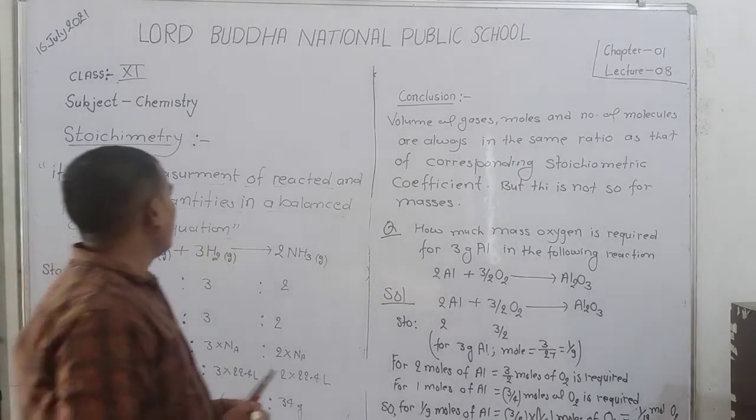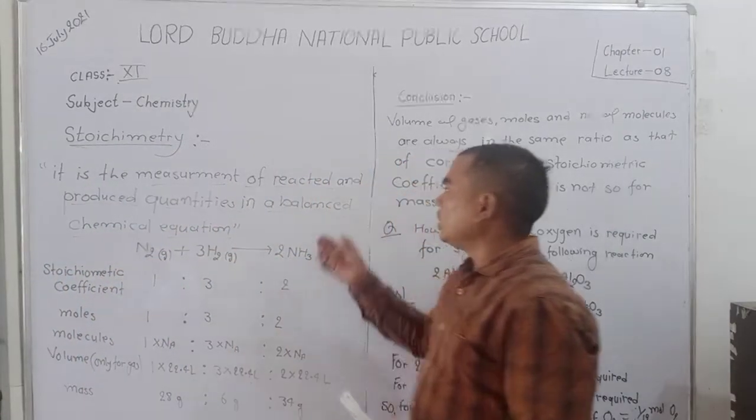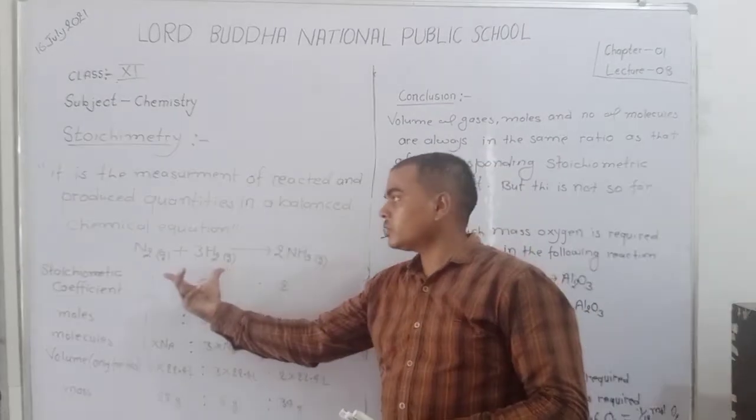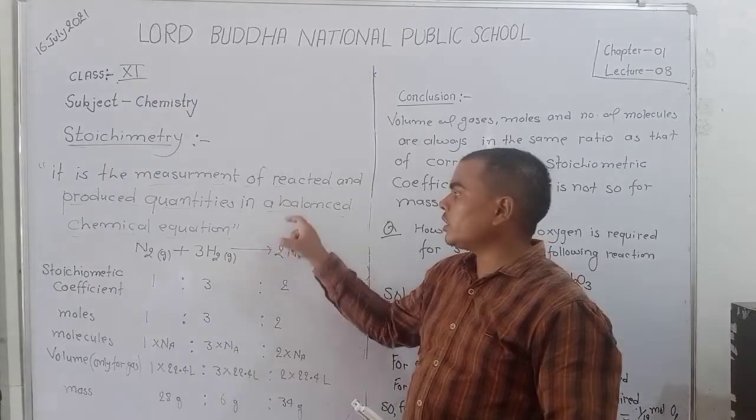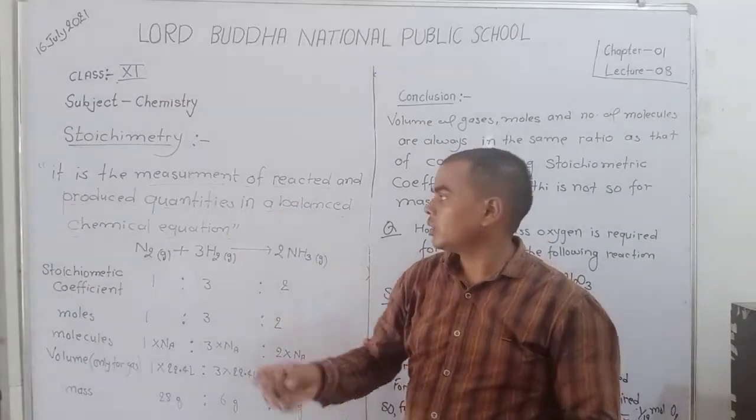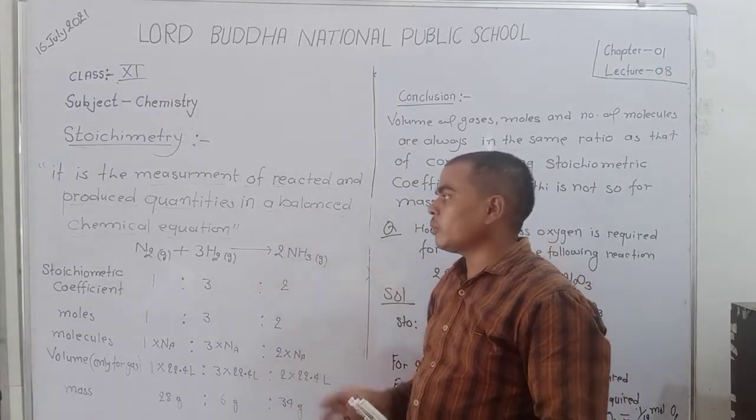It is the measurement of reactant and product quantities, meaning numbers, in a balanced chemical equation.